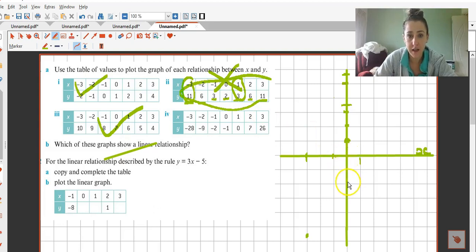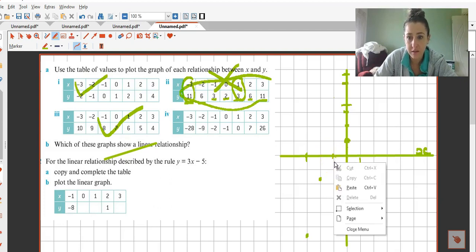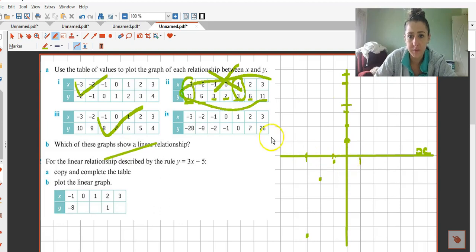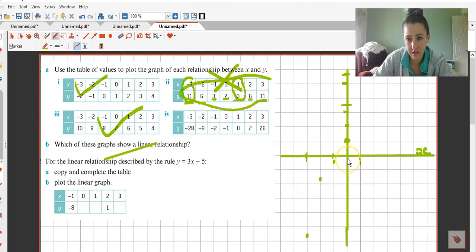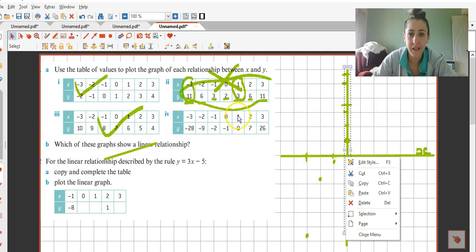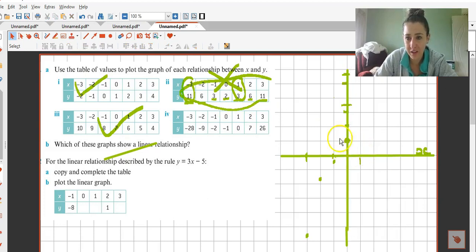5, 10, so -2 is at -9. So about there. -1 is at -2, so about here. 0 is at -1, so about here. One is at 0.